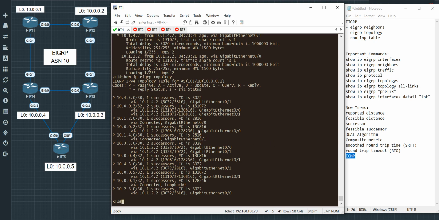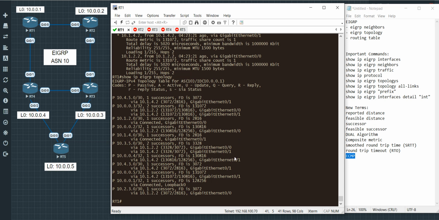Now that we've looked at both of these values, what I like to focus on is router 5, so that I can explain how these values can be manipulated.